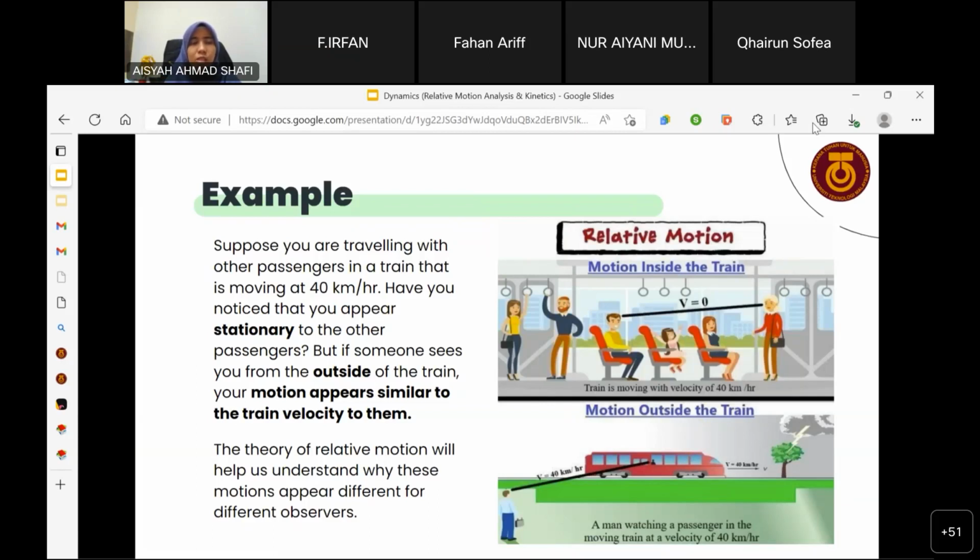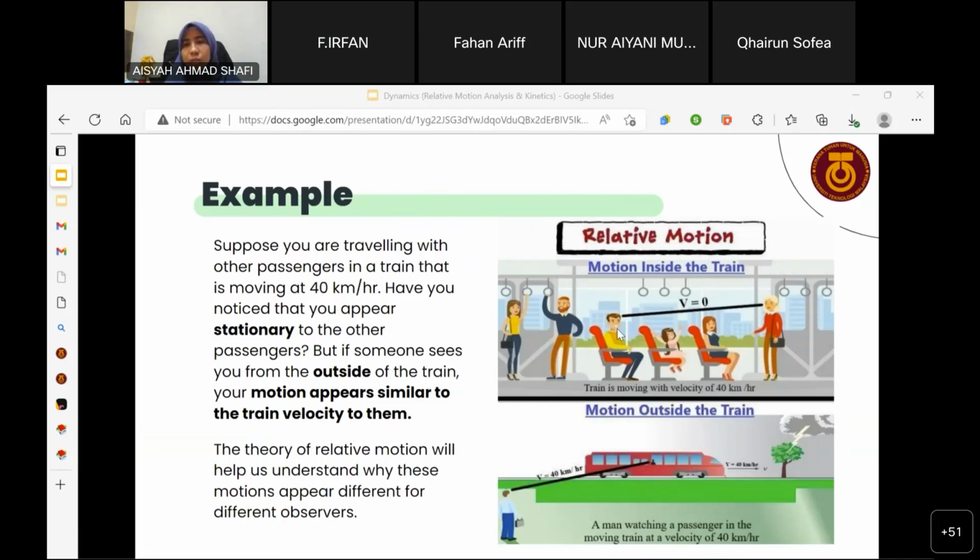But if someone sees you from the outside of the train, your motion appears similar to the train's velocity. This means if someone sees you from outside, you are actually moving at the same speed as the train. So there is the relative motion. The theory of relative motion will help us understand why this motion appears different for different observers.